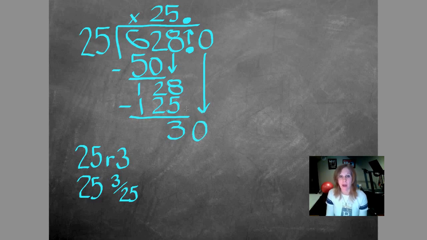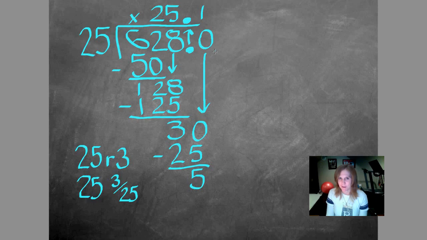Now I have 25 goes into 30 1 time. 1 times 25 is 25. 30 minus 25 is 5. Now I still have a remaining amount, even though I have no more numbers to bring down in my dividend, and I have a roof over every room in my house.